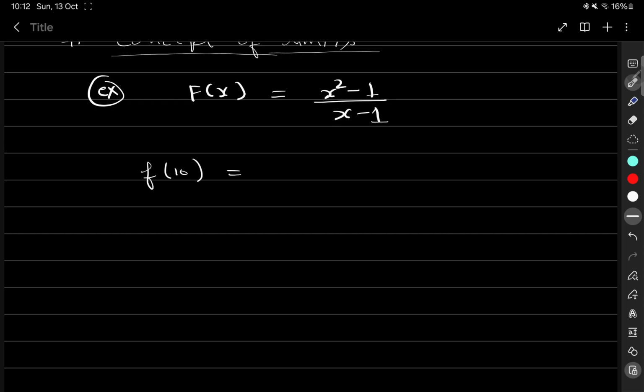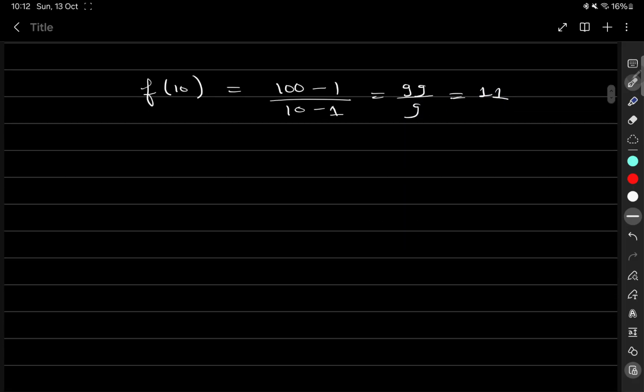Okay, so what will you answer? You will say, sir, (100 − 1)/(10 − 1). You are just putting the value of x, that's it. So you are getting 99/9, which means 11. Okay, fine.